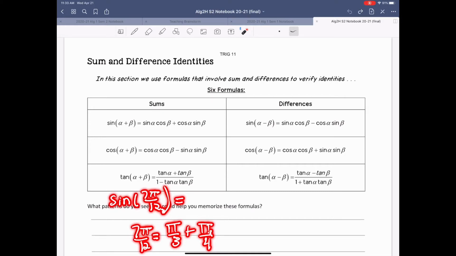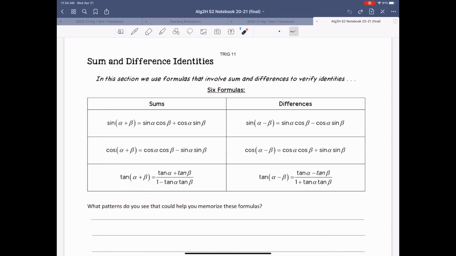So if I were to rewrite a more complicated angle measure as the sum of 2 special angles, then I could easily calculate what the sine of 7 pi over 12 is equal to. All I have to recognize is that the sine of 7 pi over 12 is the same thing as taking the sine of pi over 3 plus pi over 4.